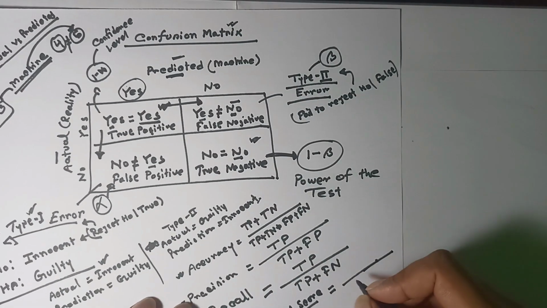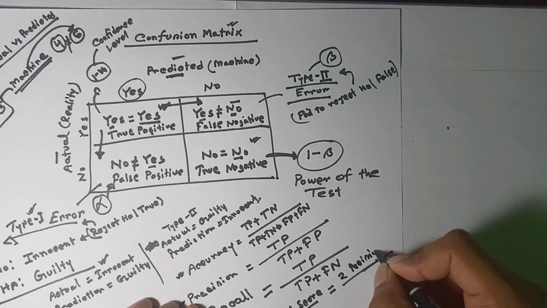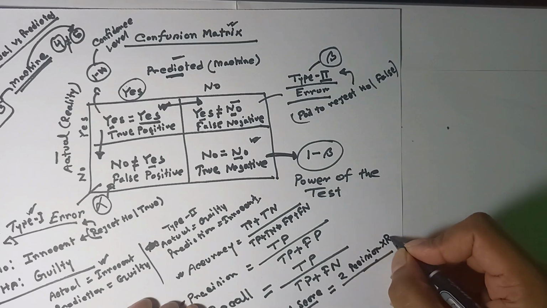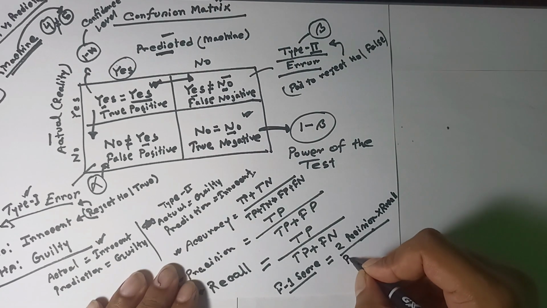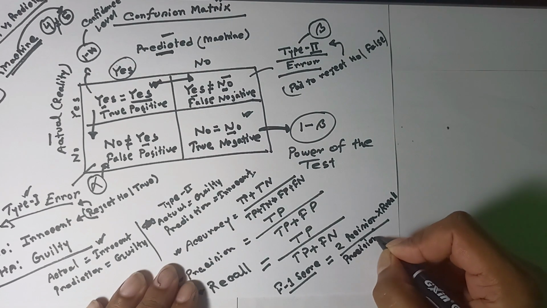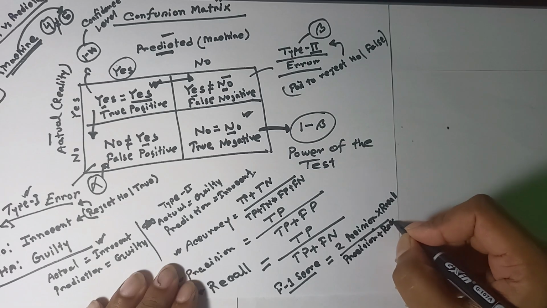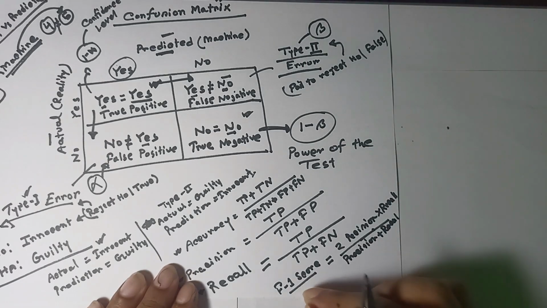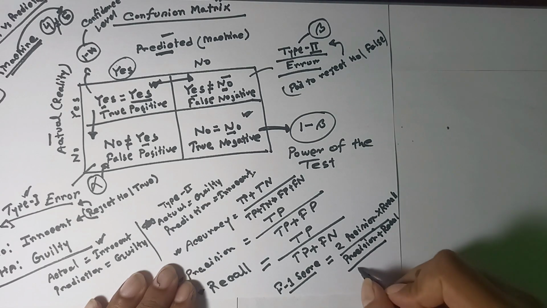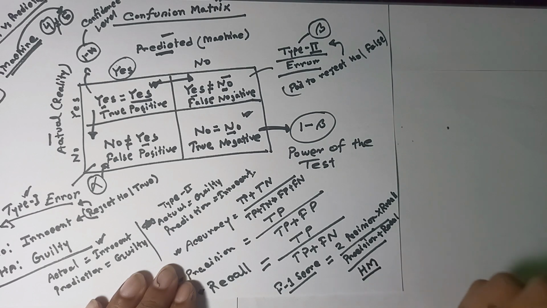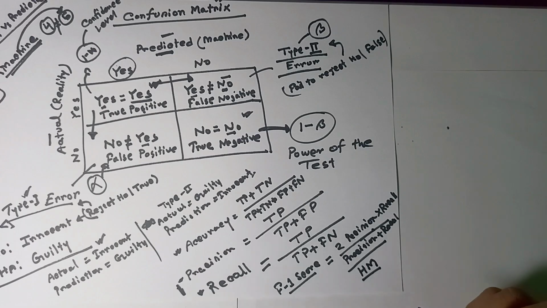For two variables, a harmonic mean looks like this: precision multiplied by recall, divided by precision plus recall. As you can see, this is nothing but the harmonic mean. And do you know what the harmonic mean does? Yes, it gives more weight to the lower value.